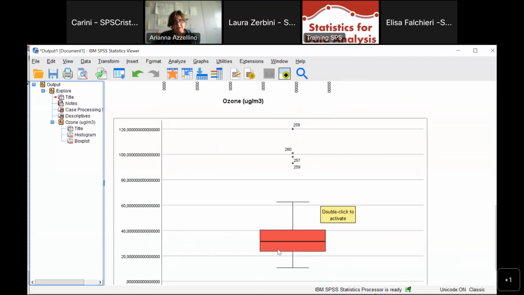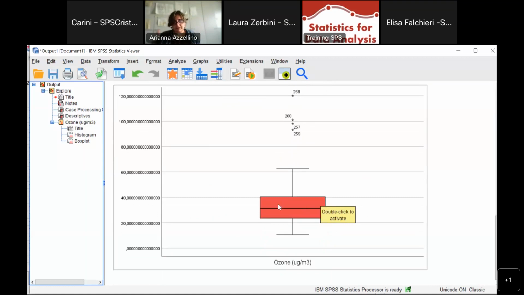The box plot shows the variable distribution and highlights the presence of outliers using the interquartile range, which is the difference between the upper side of the box, that is the 75th percentile, minus the lower side being the 25th percentile.